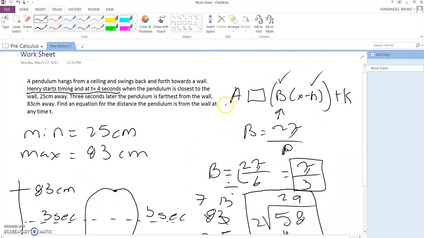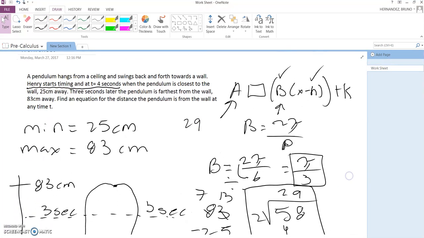That will give you our amplitude, which equals 29.